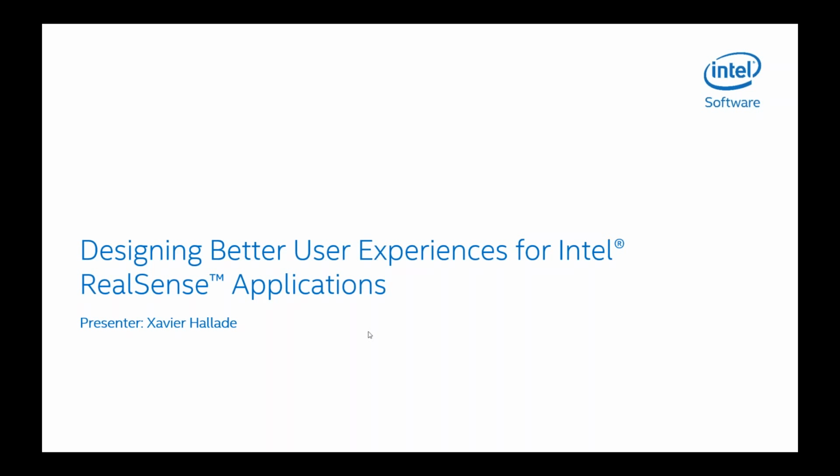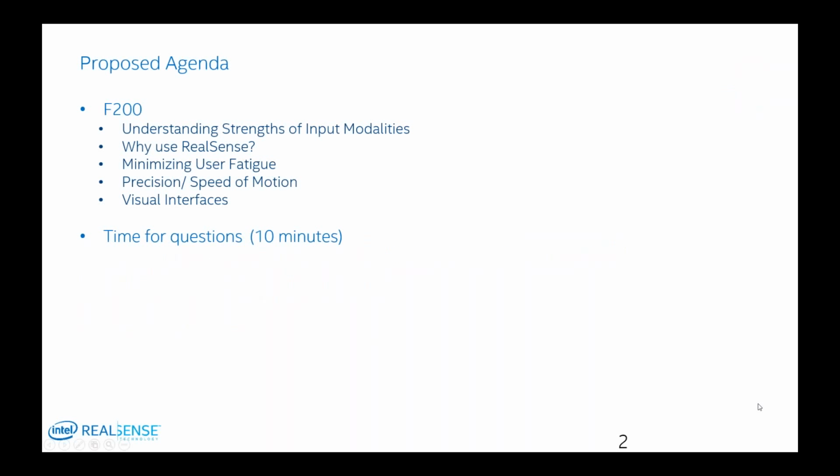So welcome to this webinar on designing better user experiences for Intel RealSense applications. We'll talk mainly about the F200 camera. Some of you weren't exactly up to speed with RealSense, from what I saw from the poll. The F200 camera is the RealSense camera that is designed to be integrated into laptops, all-in-ones, and also some two-in-ones.